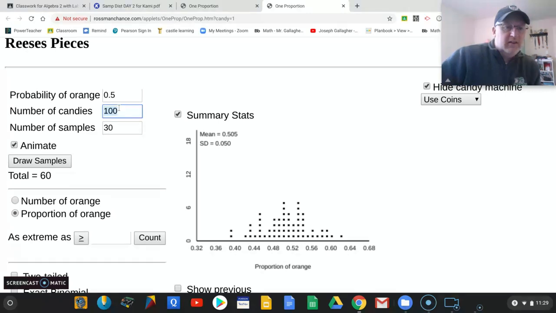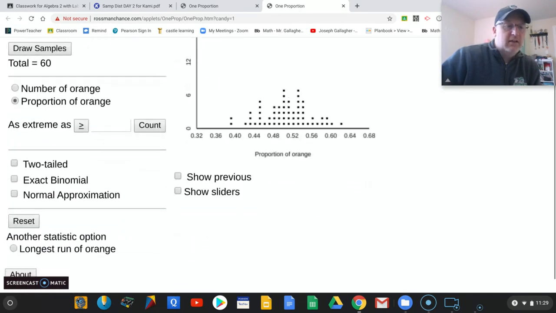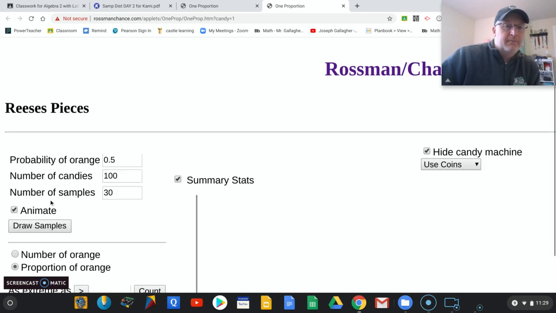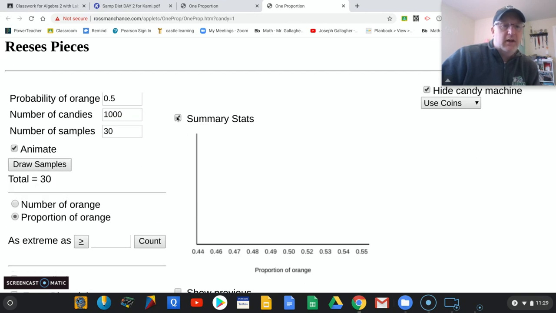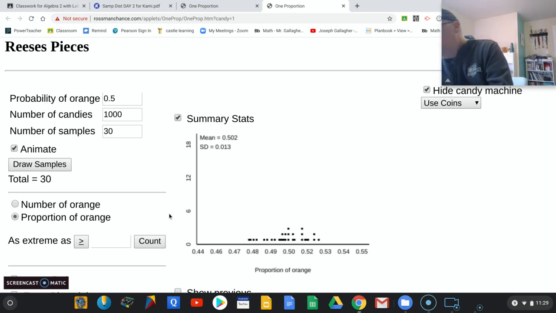And then one last thing, let's go ahead and run it 1,000 times. I can reset this so they're not there. Do it 1,000 times, draw my sample, and see what happens. And you can see that my mean with 1,000 of them is 0.502, and my standard deviation is 0.013.